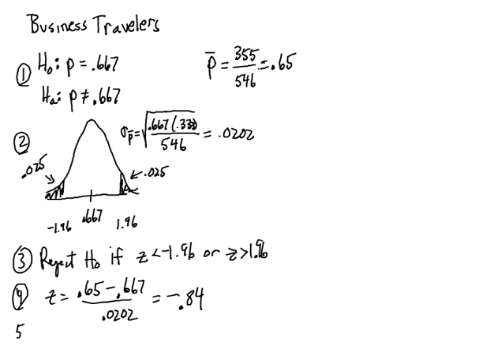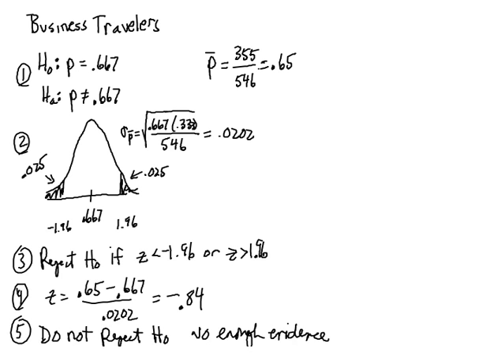So step 5, do not reject H sub 0. Not enough evidence. Not enough evidence to prove that the null is wrong. So basically it's inconclusive. There's not enough evidence to show the null is wrong.